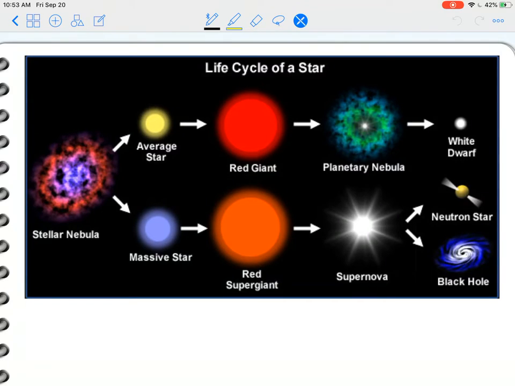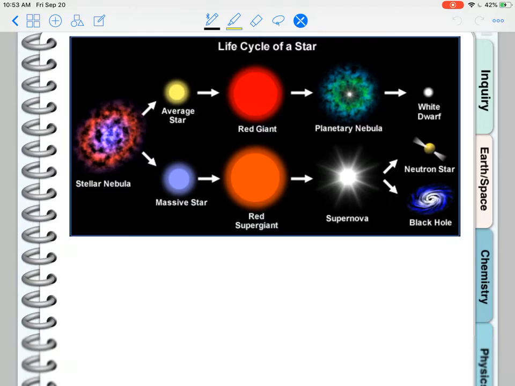But to start with, I want to just tell you a fact about all stars. Throughout a star's life, stars fuse, or bind, join together hydrogen, which is the simplest element that we know of, to form helium.